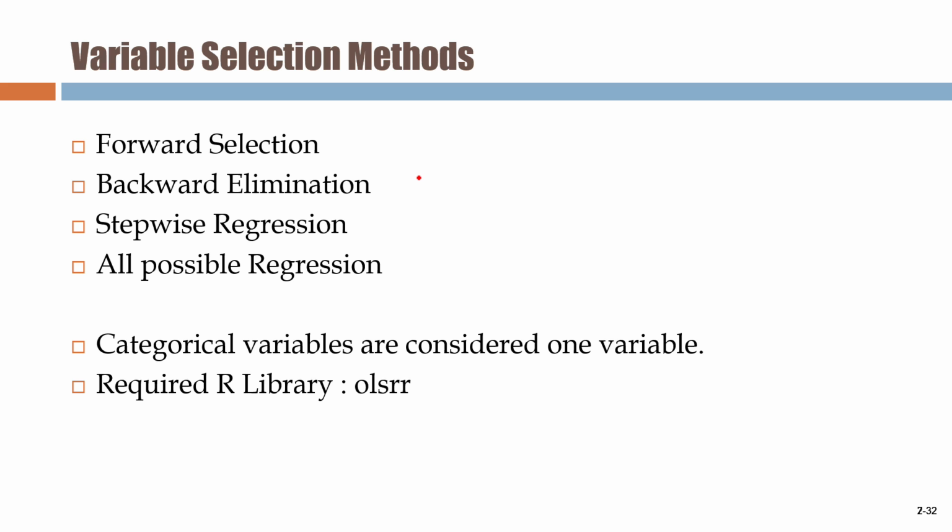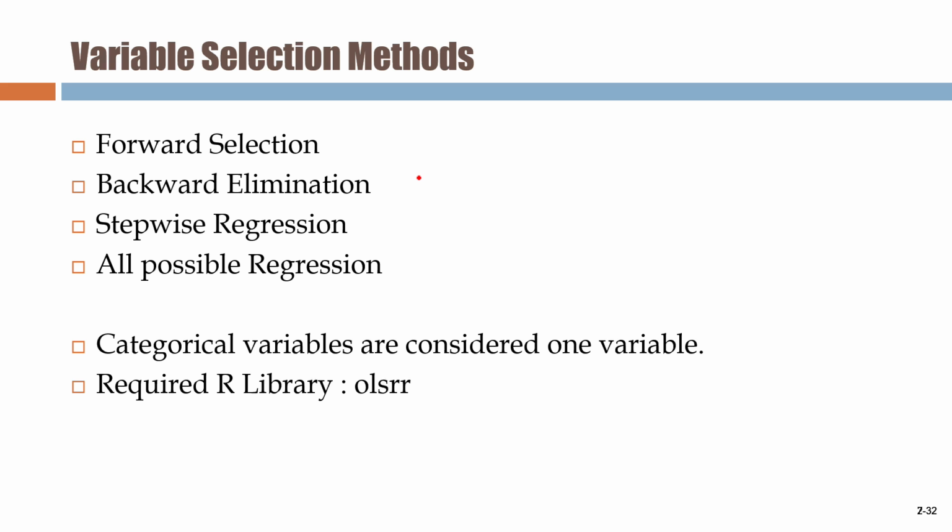There were hundreds of variables, but we don't want to develop the model using hundreds of variables. So we chose about 50 variables, but 50 is still a lot, right?